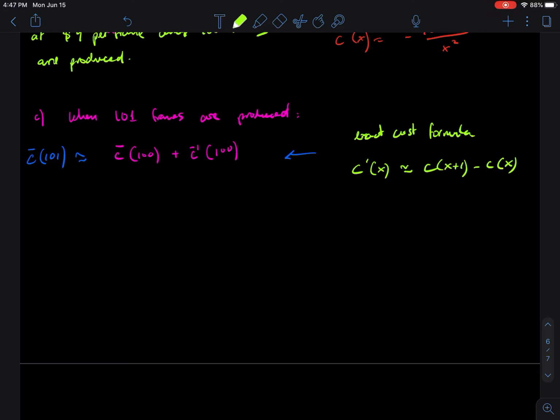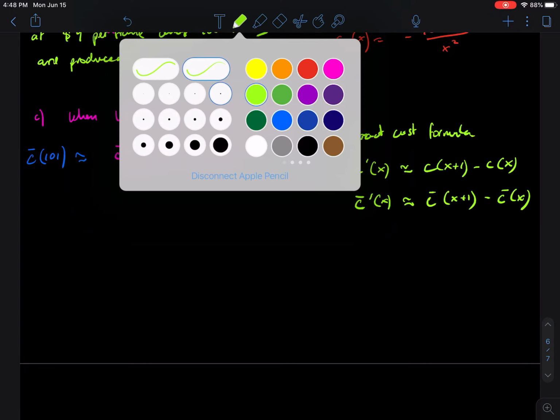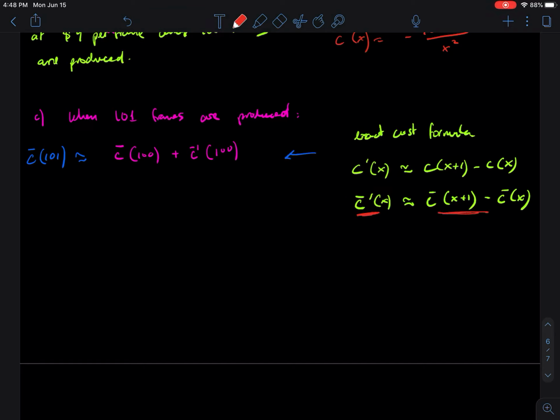If we apply that to the average cost function, we have a similar result. So this is using the derivative to estimate the exact cost of producing, on average, an x plus 1 item. If we want to figure out the average cost for producing 101, we just add that over there, and that's what we have here.